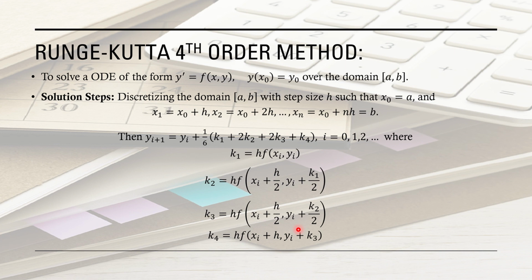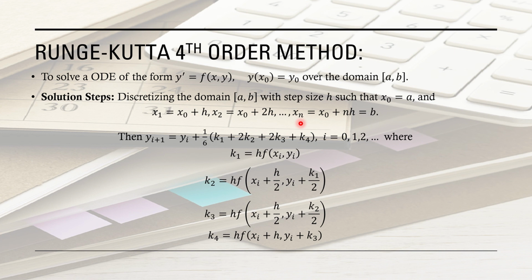And then we have k4, which is h f of xi plus h, yi plus k3. All these equations together are known as the Runge Kutta method of order 4.